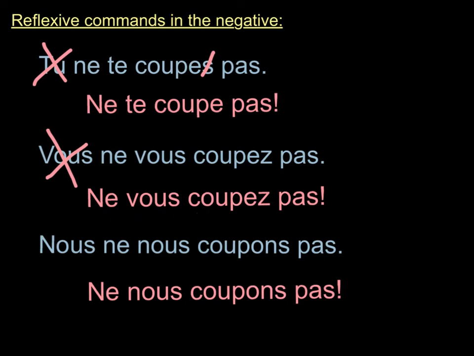Ne vous coupez pas. Don't cut yourself in the kitchen. Okay? In the nous form, same thing. You're going to drop the subject pronoun, and you're left with the command of the reflexive verb in the negative. Ne nous coupons pas.